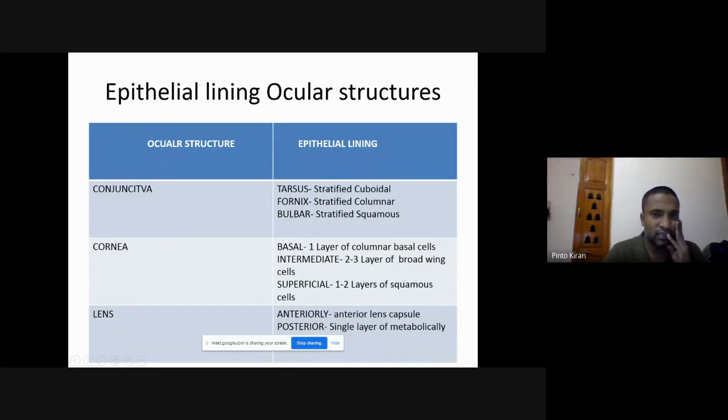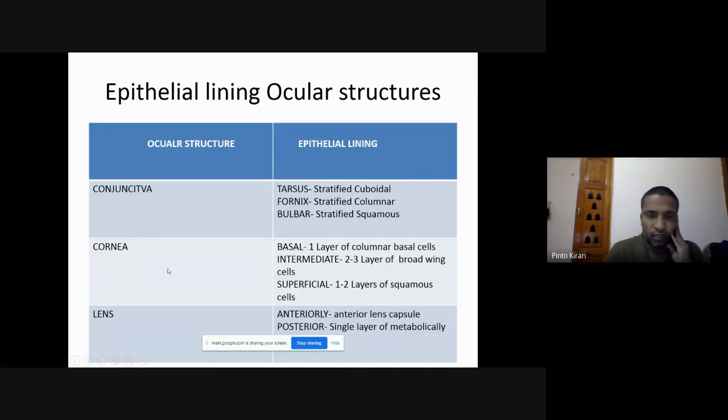If you look into the type of cells, tarsus has a cuboidal type, all stratified. The fornix has a columnar type, and bulbar has a squamous type. Going from the tarsus to the fornix to the bulbar conjunctiva, cuboidal becomes columnar, then squamous. Easy to remember.